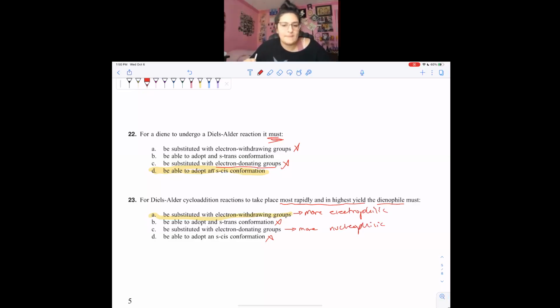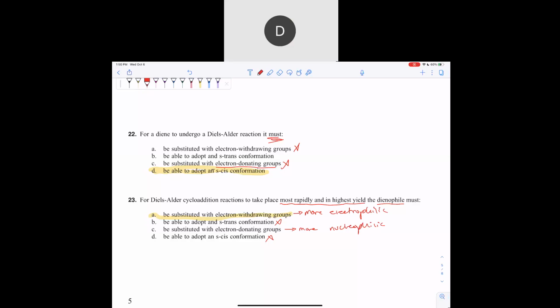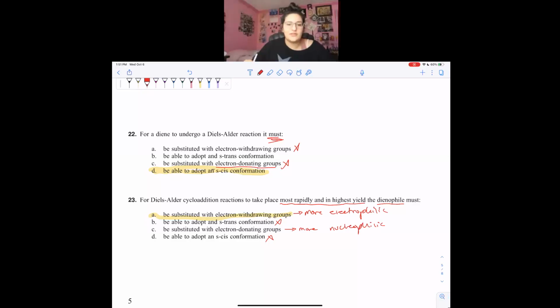Someone has a question. What is it? What is cycloaddition? Great question. Cycloaddition is just saying that you're doing an addition reaction and you're making a ring. So that's all that boils down to.